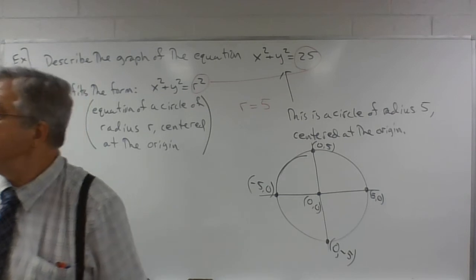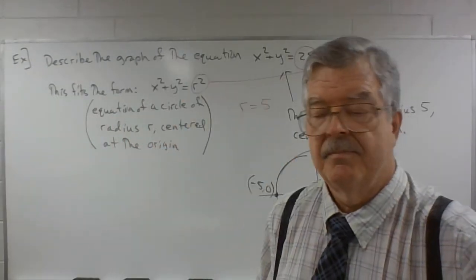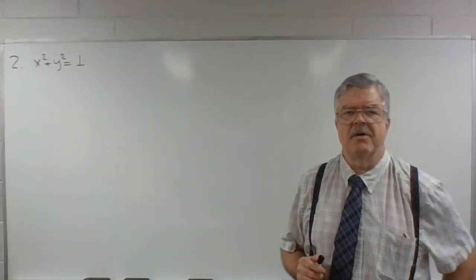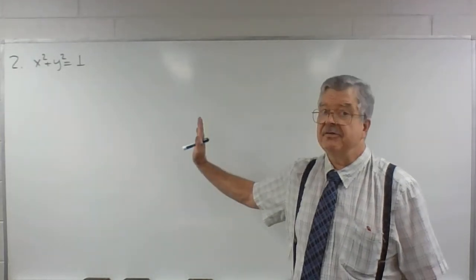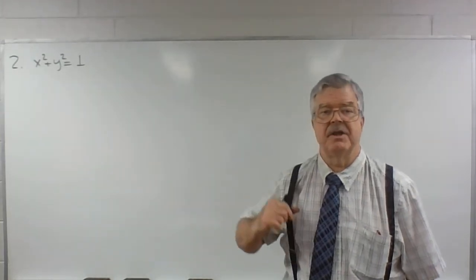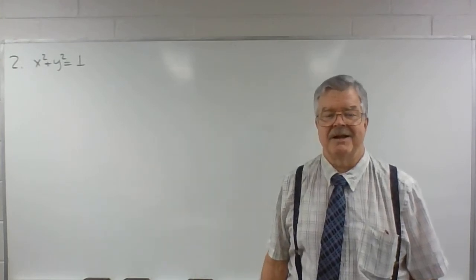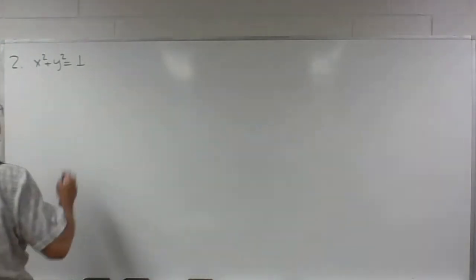Okay, let me show you another special form. This is another special form of an equation of a circle. Especially if we're going to take trigonometry, we're going to refer to this circle a lot. Now, what does it remind us of?